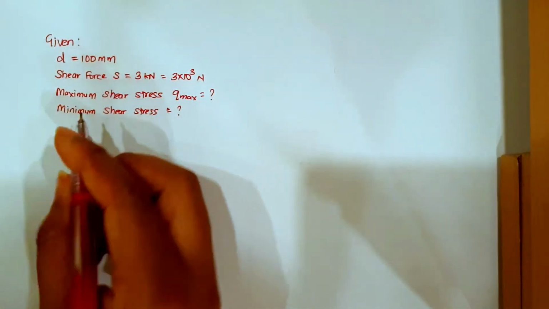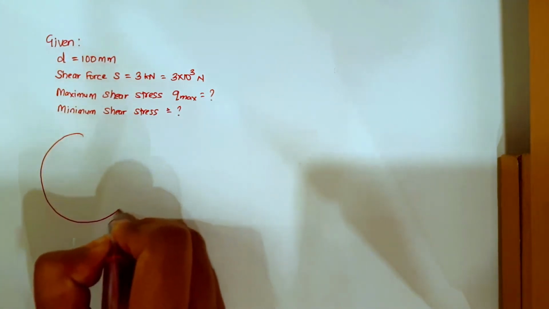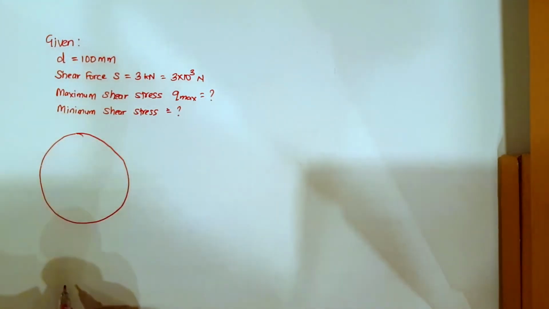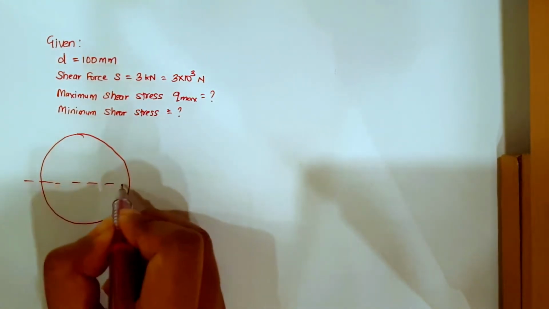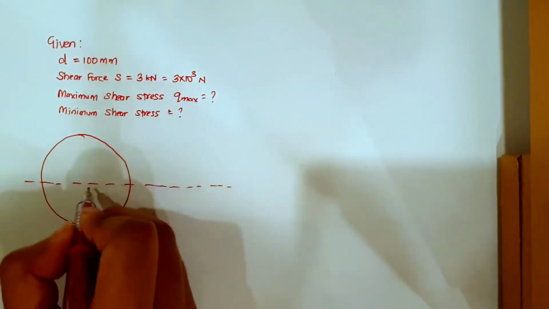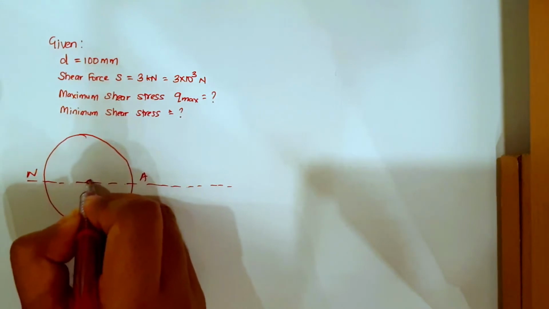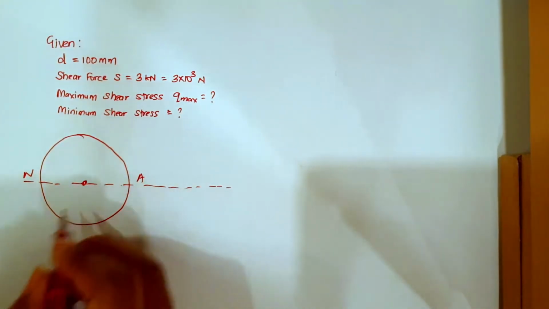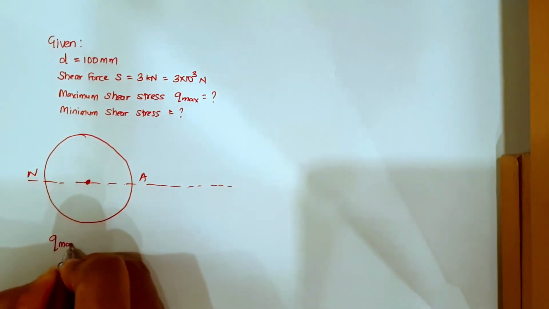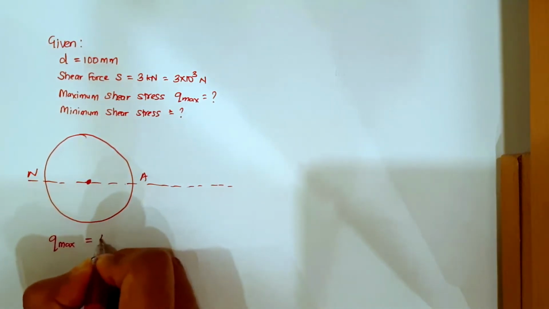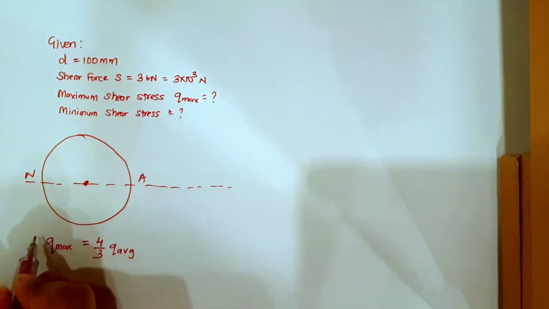Now for a circular section, the neutral axis will pass along this line. So this is the neutral axis, and this will be the centroid. Now for this Q max, which is maximum shear stress, Q max will be equal to 4 by 3 Q average.